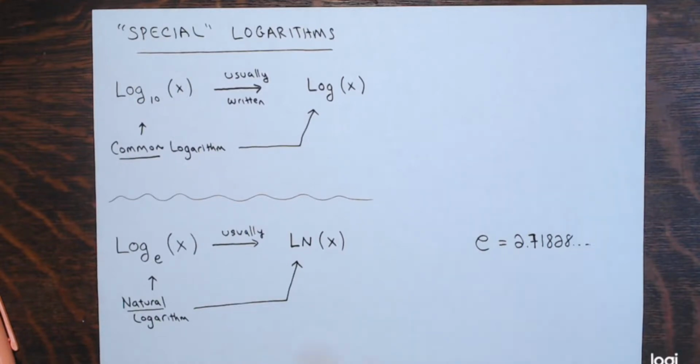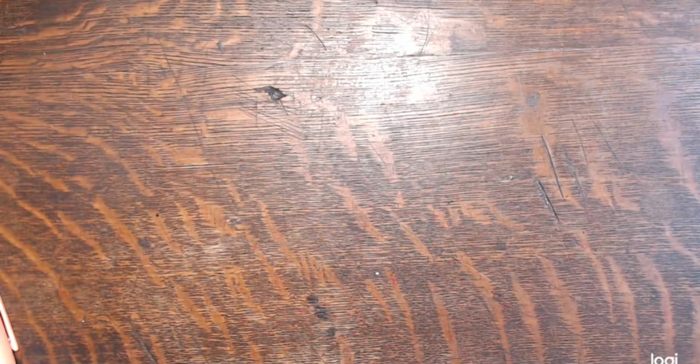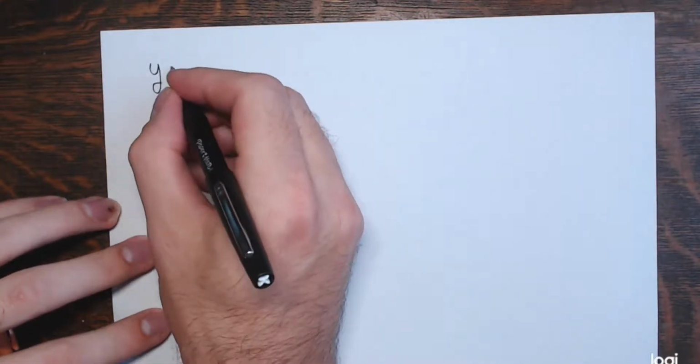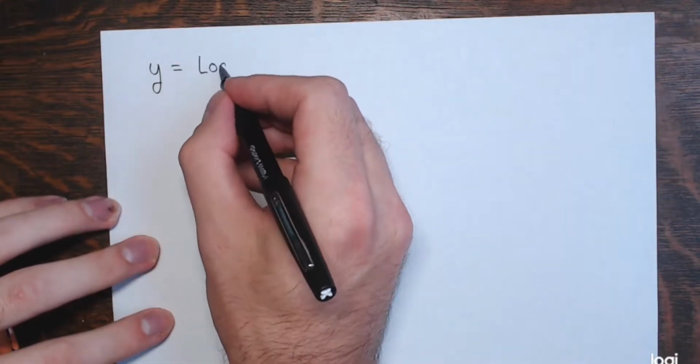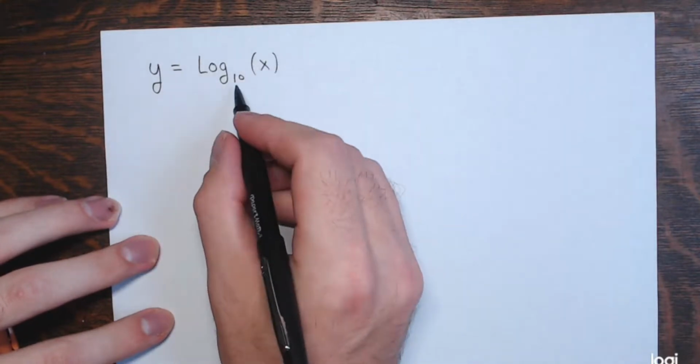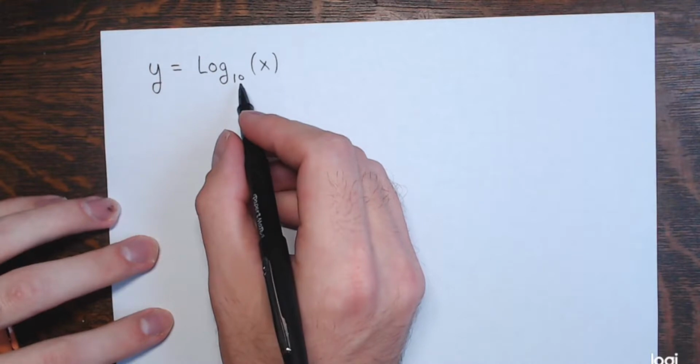Okay, so finally, let's get into our question. We are given this function, y equals log base 10 of x, or just log of x. Remember, they don't have to write base 10.